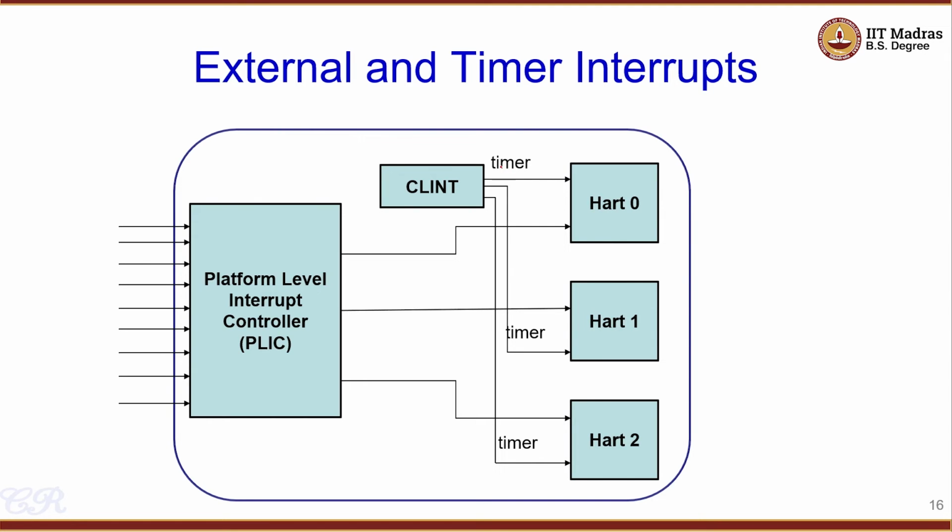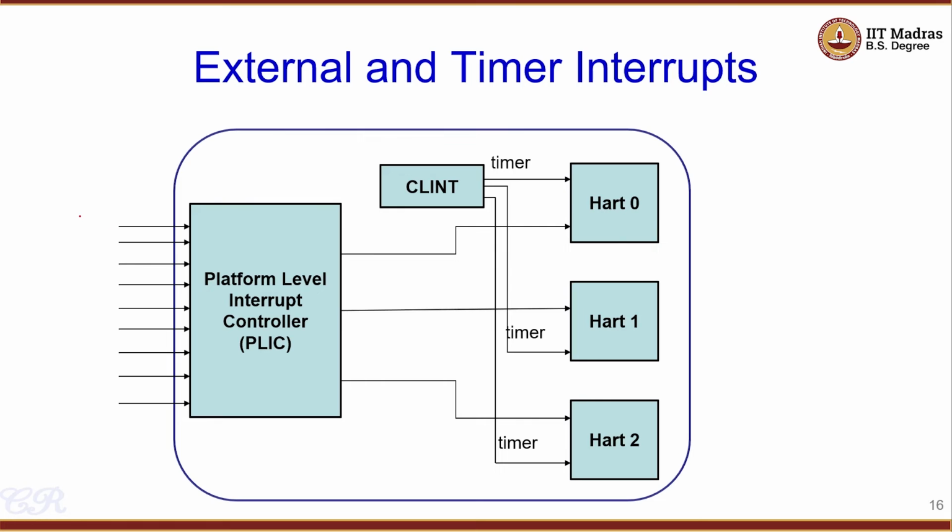The local interrupt controller generates different timer interrupts independently for each heart. So, you have a timer interrupt created from the CLINT, the local interrupt controller, to Heart0, another for Heart1 and a third for Heart2.